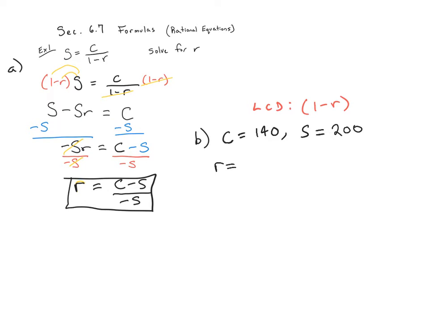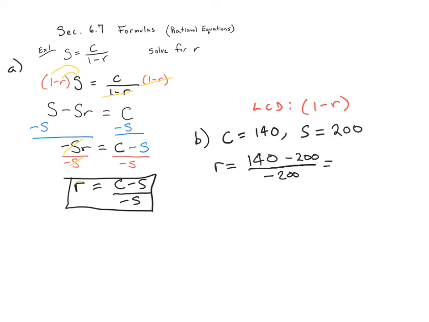So I got R equals the cost. I'm using this formula here, a very common formula. The cost is 140. I'm going to subtract how much you sell it for, so I subtract 200 from that, and I divide by negative S, and our S is 200.